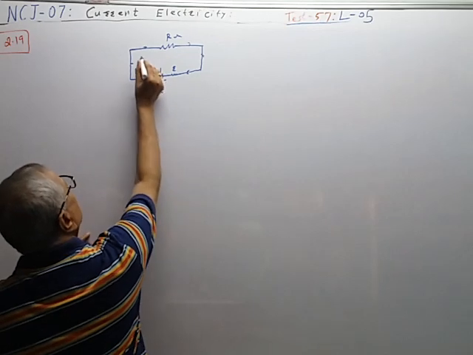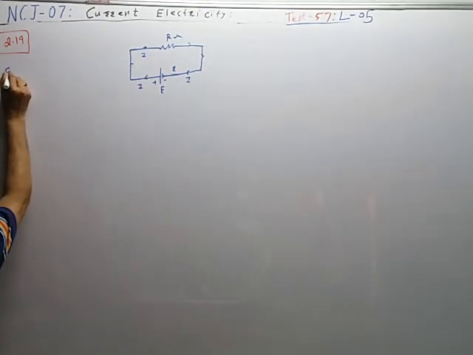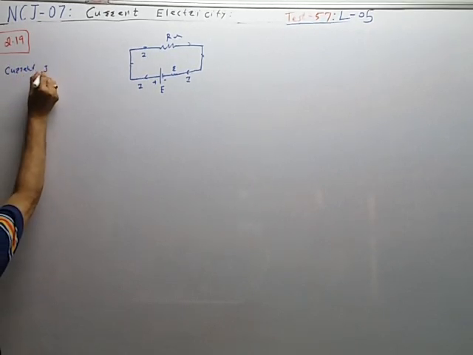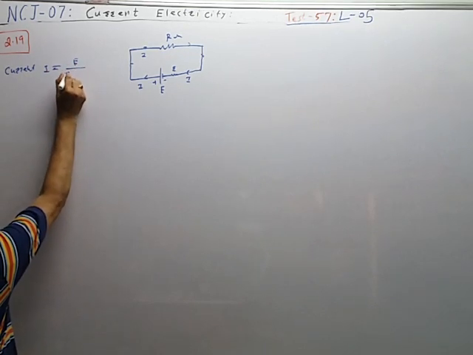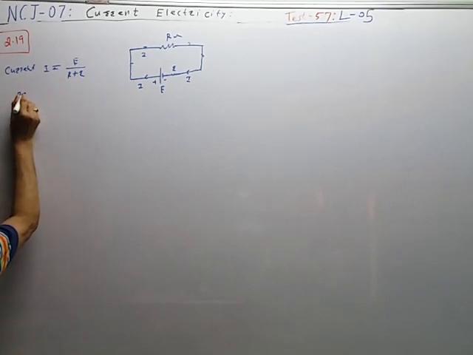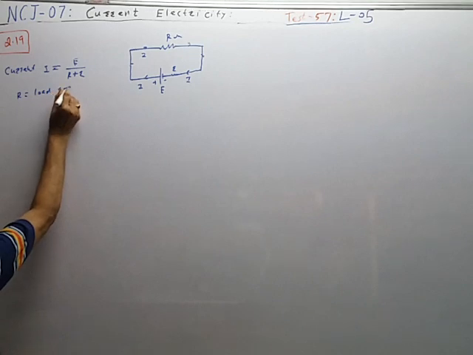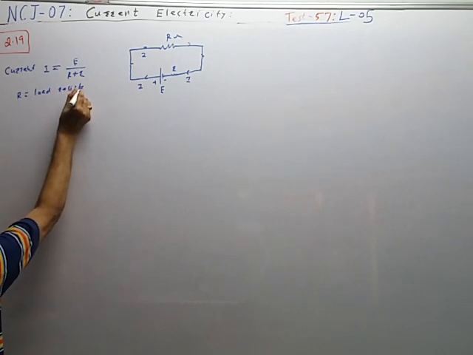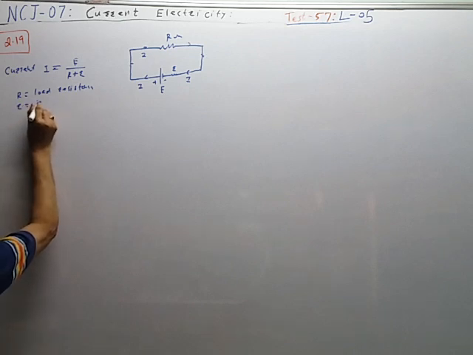So current I is equal to EMF upon total resistance, load resistance plus internal resistance. R is equal to the load resistance, small r is equal to the internal resistance of the cell.